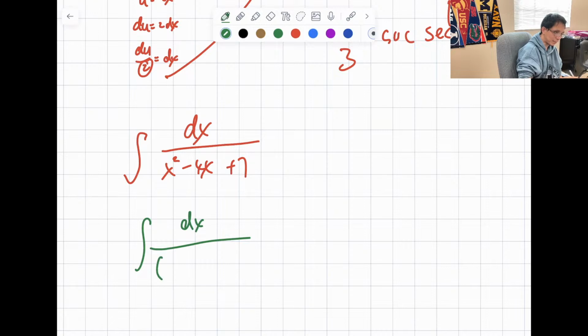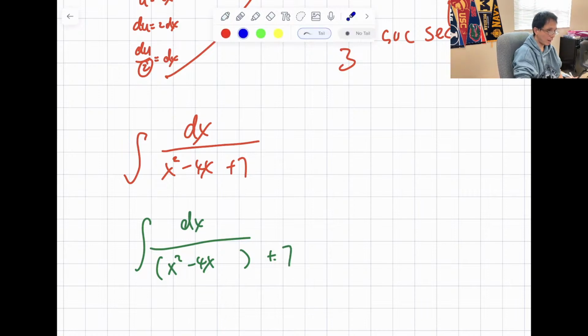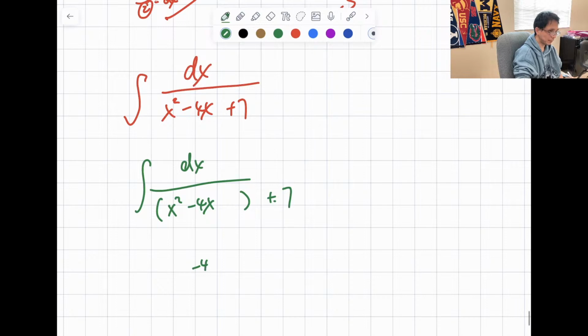So that is going to be x squared minus 4x, complete the square, plus 7. Why complete the square? Because it has something to do with the middle term. You take the middle term, divide by 2, and square. So that's equal to negative 2 squared, which is 4.